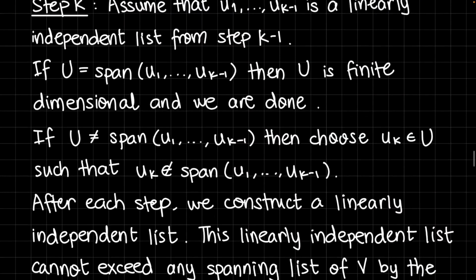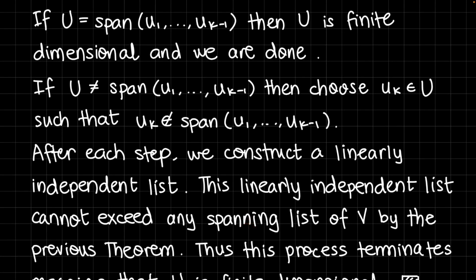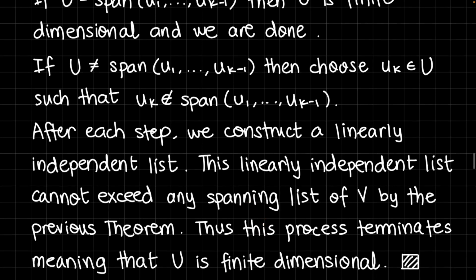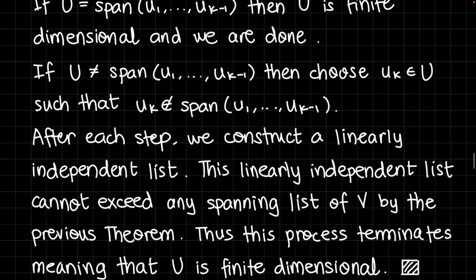A linearly independent list in U, which is a subspace of V, is also a linearly independent list in V. This is very trivial, and you don't really need to prove it because it's easy to see. Any linearly independent list in U is also linearly independent in V because the linear combination is inherited as we go from vector space to subspace.